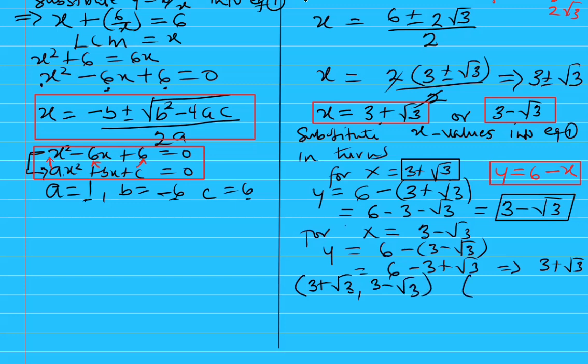And then when x is 3 minus root 3, the y value is 3 plus root 3. So basically, this is what's going to happen for the x and y values. Remember, it has two values here. So let's take a closer look at the graphical representation and see how this one fits in there.